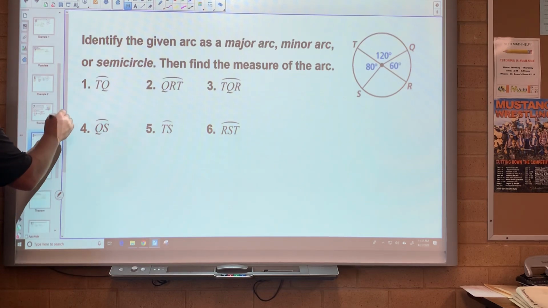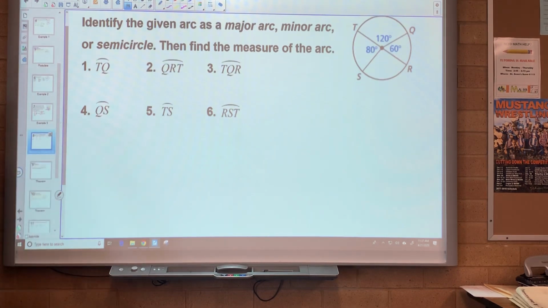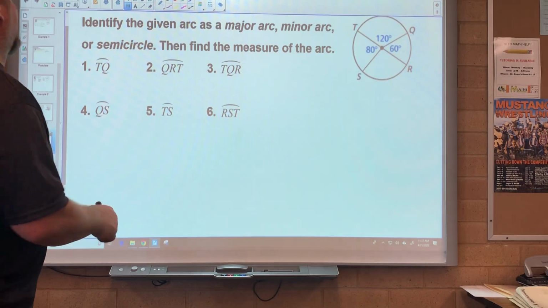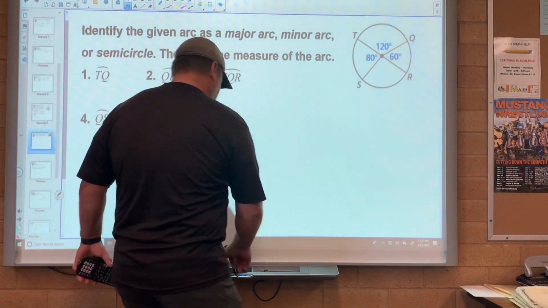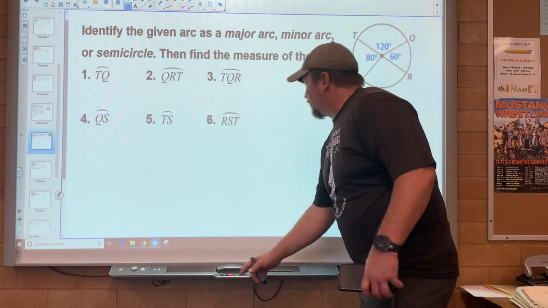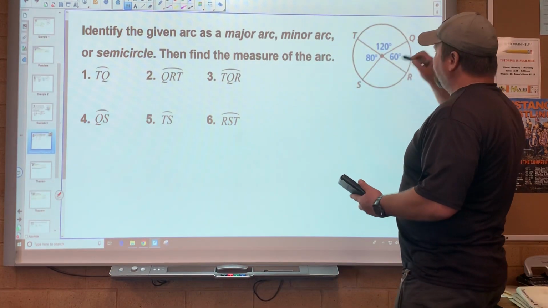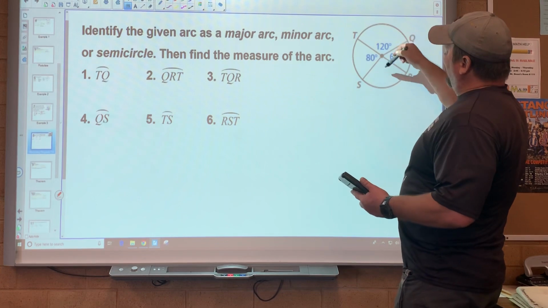All right, let's take a look at this one. It says identify the given arcs and measures as minors, majors, and semicircles. We did that. We've been doing that the whole time, so it's really nothing different than what we've been doing, okay? All right, so let's solve the circle. Number one thing to do to solve the circles, find all the angles. Well, I don't quite know if that's 120.